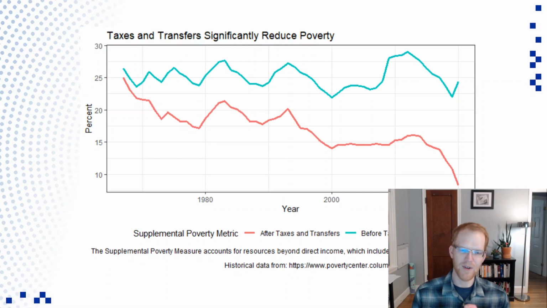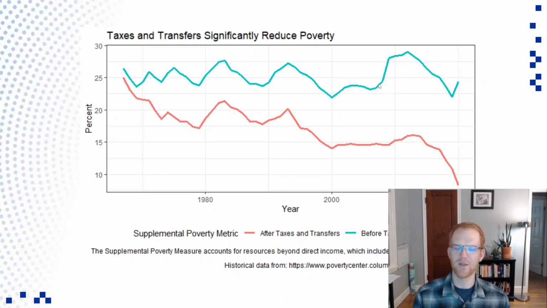All that to say, if you extend the supplemental poverty measure backwards in time to 1967, the kickoff of the war on poverty under President Lyndon Johnson, you'd find that it actually did decrease poverty from about 25% at the time down to around 15%. Then it looks like there was a little progress, but you can also see things like the recession of 2008 in the pre-tax and transfer data.